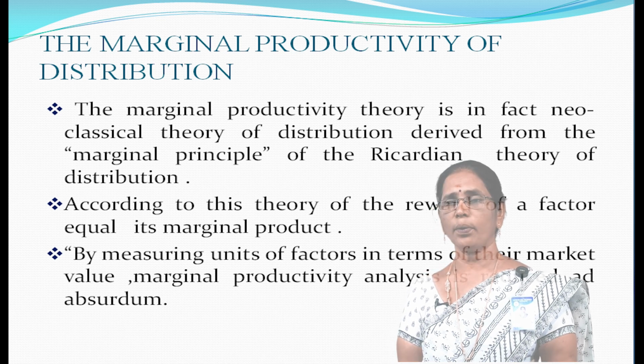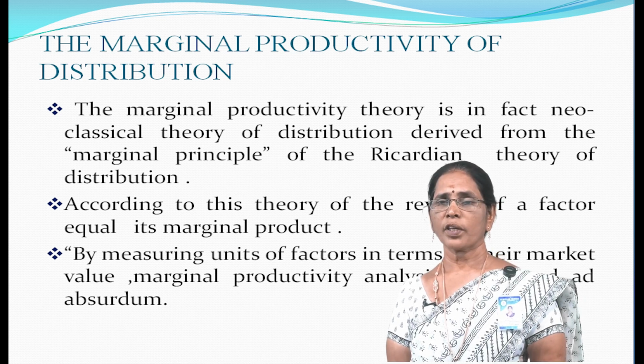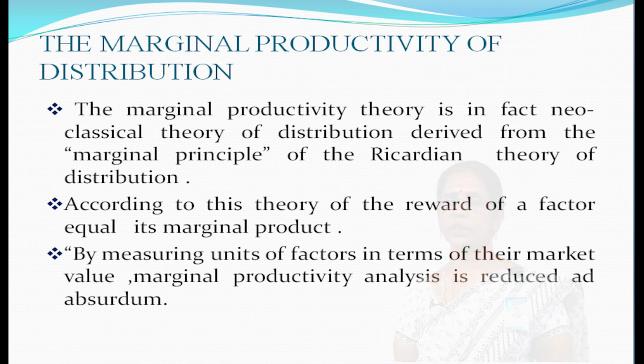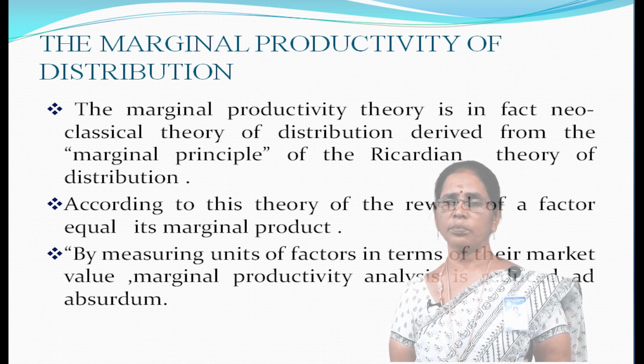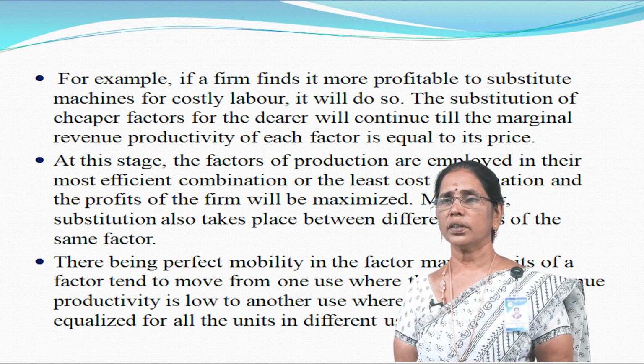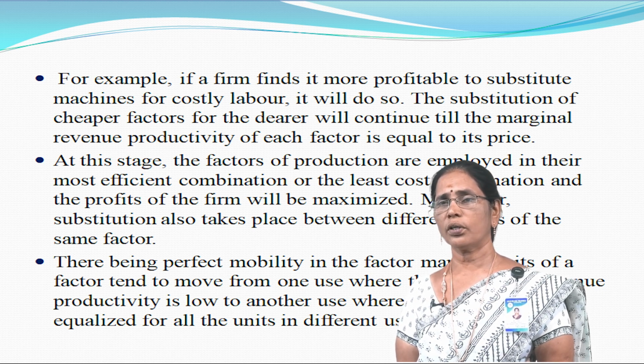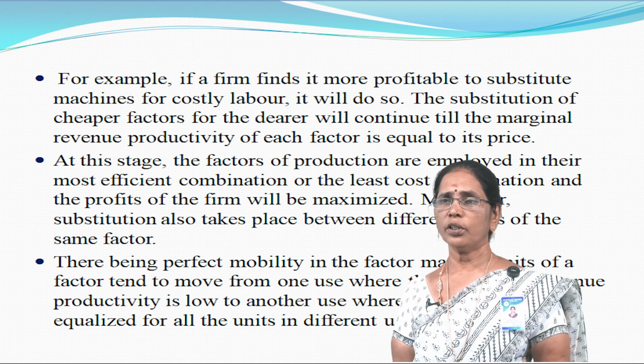According to this theory, the reward of a factor equals its marginal product. By measuring units of factors in terms of their market value, marginal productivity analysis is reduced ad absurdum. For example, if a firm finds it more profitable to substitute machines for costly labor, it will do so.